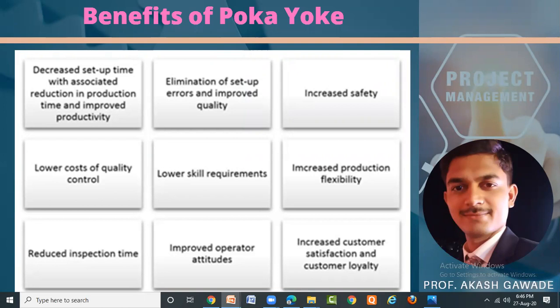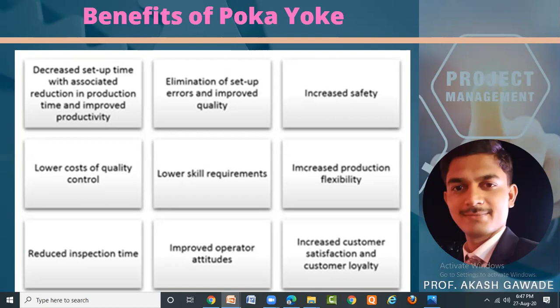The next one is elimination of setup errors and improved quality. Whenever you implement the Poka Yoke technique, what is Poka Yoke? Poka Yoke itself is an error proofing device. That means it is the elimination of the particular error.